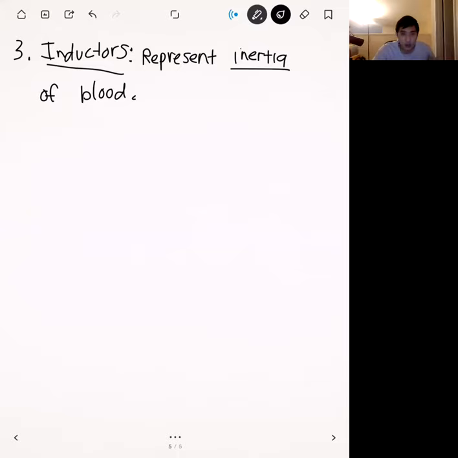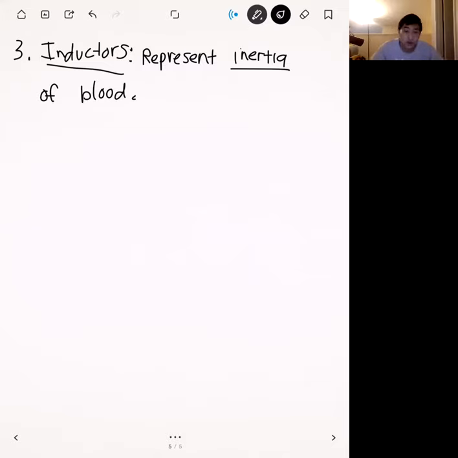So if an object is still, it takes a little bit of time and effort to really get it moving, right? So when you push on something, it doesn't just go from 0 velocity to max velocity right away. Usually there's some kind of ramp up time. So you're pushing it, and then eventually it starts to gain momentum, and then it goes up from there.